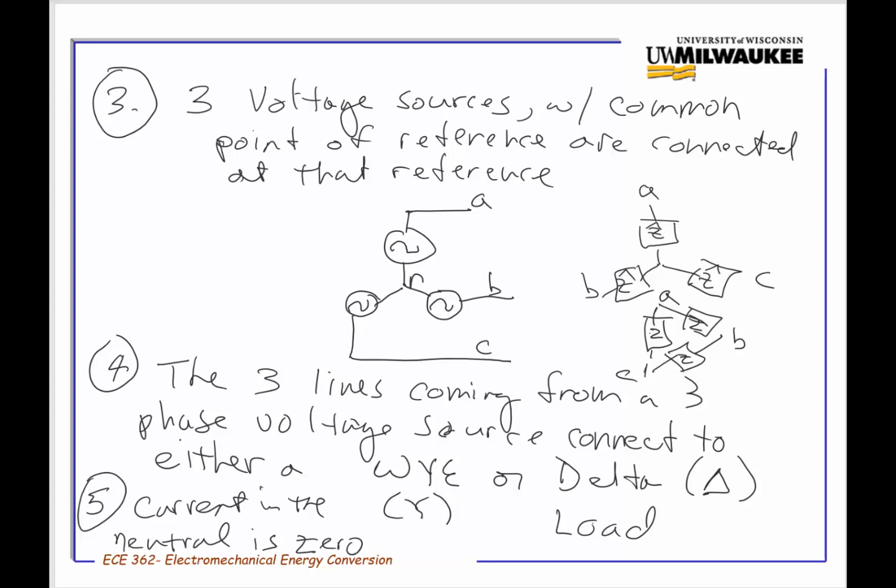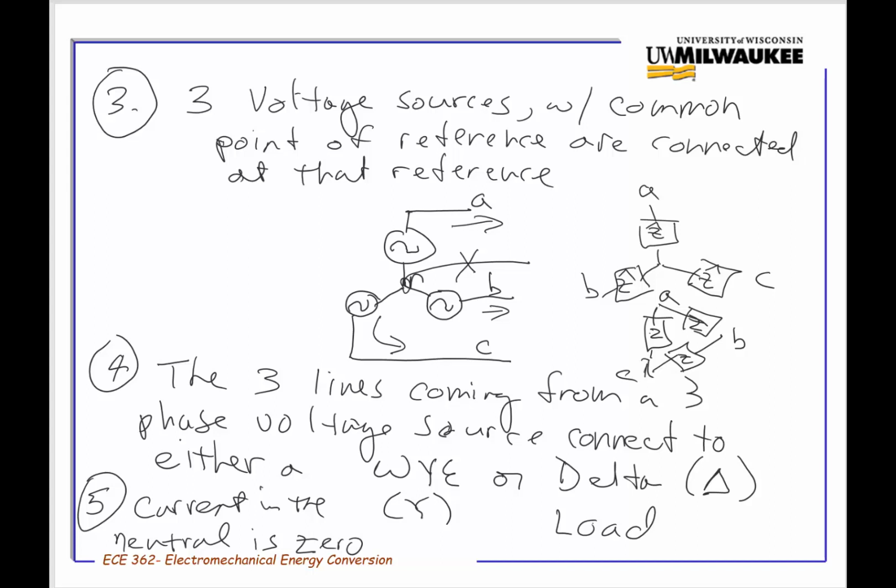So what that means is that since this point right here constitutes a return path for all three phases, the three currents that are going out to a load sum to 0 at the source and at the load. So it's not necessary to make this fourth wire connection with these types of loads.